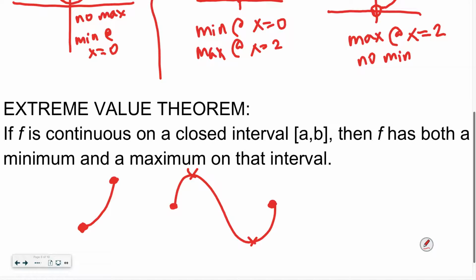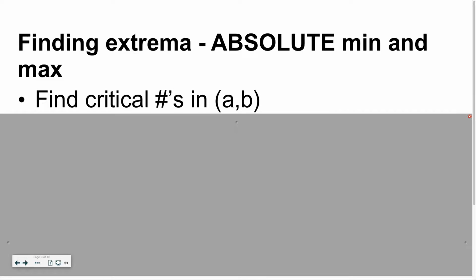So in order to figure out on an interval where we have an absolute maximum and an absolute minimum, these are the steps that we need to take. I think there are 4 of them? Yes. Step number 1, find your critical numbers.